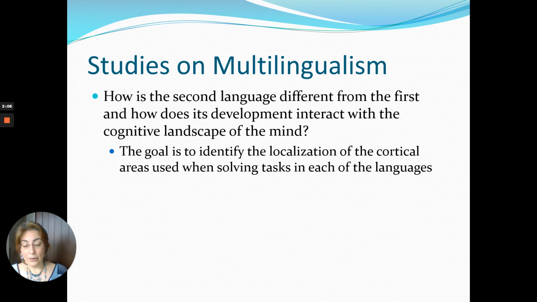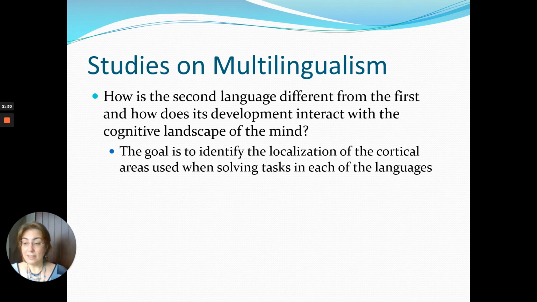And then you look at what areas of the brain are involved while the subject does that. And then you compare that to the same subject speaking or solving a task in a language that they have learned later on. That's what we call a second language. So then you compare to the areas of the brain that are involved in that second case.